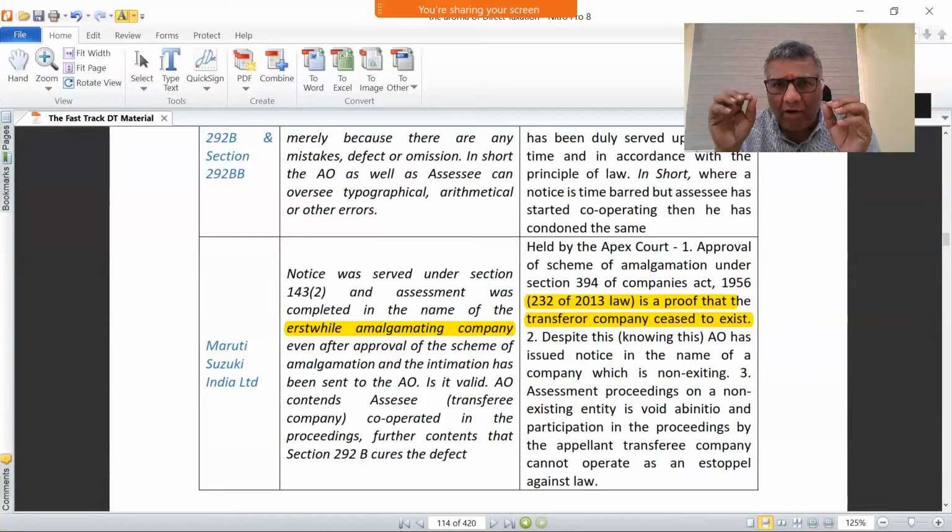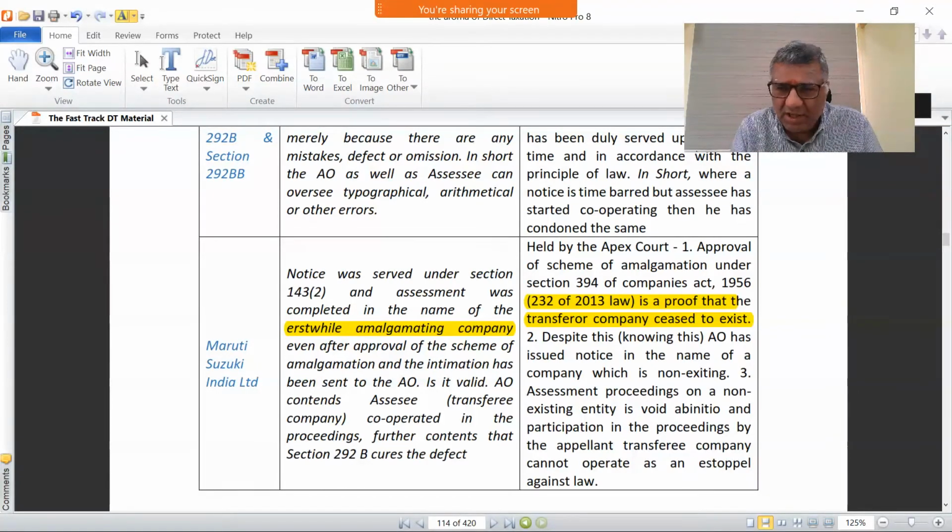So far, I have asked you to remember 3 case laws: Dalmia, Region, Maruti Suzuki. Other than that, the Orissa housing or depreciation case laws are not very key.